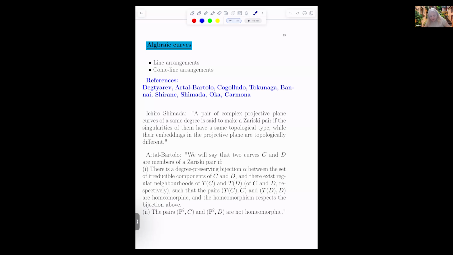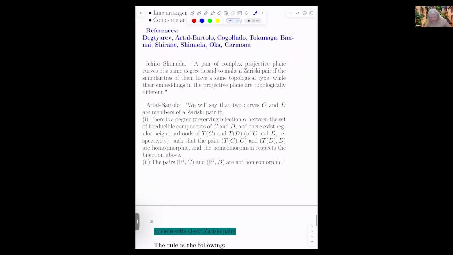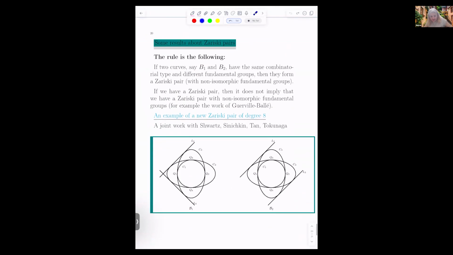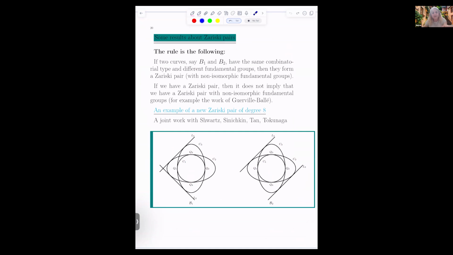And now we work on some results, but before this, what is the rule that we work with? So the rule is the following. If two curves, say B1 and B2, have the same combinatorial type and different fundamental groups, because we work, of course, with fundamental groups, then they form a Zariski pair with non-isomorphic fundamental groups.